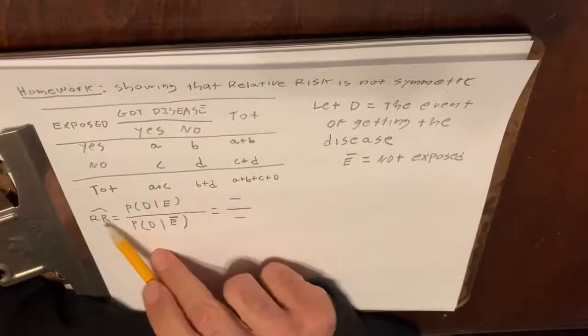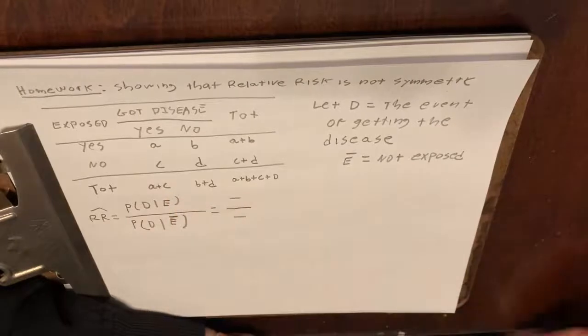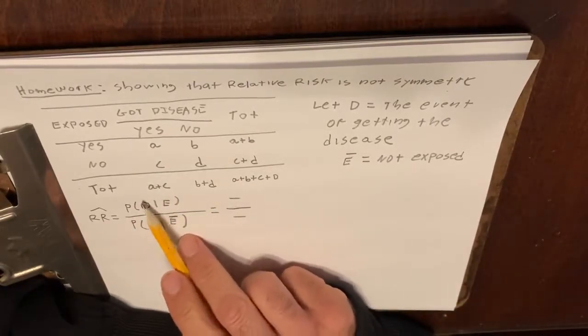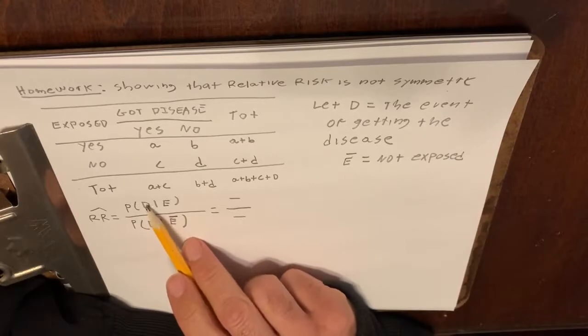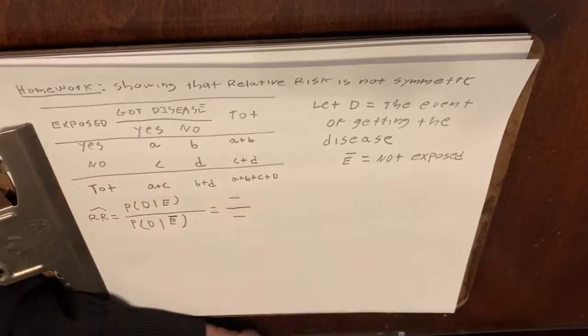So the little hat above the RR means that this is an estimated quantity from these data over here. And so now we're saying to ourselves, okay, what's the probability of randomly selecting a study subject who got the disease in the past, who was exposed in the past, but we're looking at it like it's a future thing?